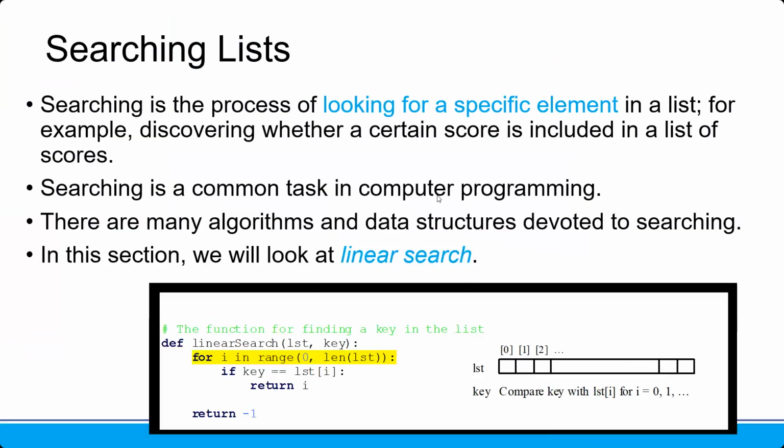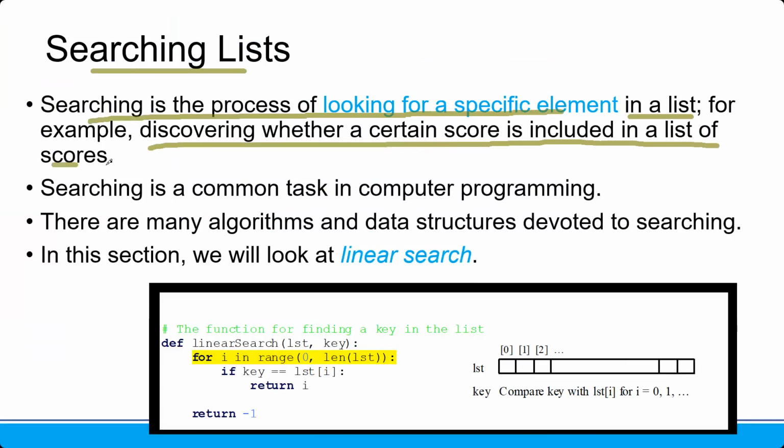Linear search means we are going to search in the list for a specific element, for example, discovering whether a certain score is included in a list of scores.